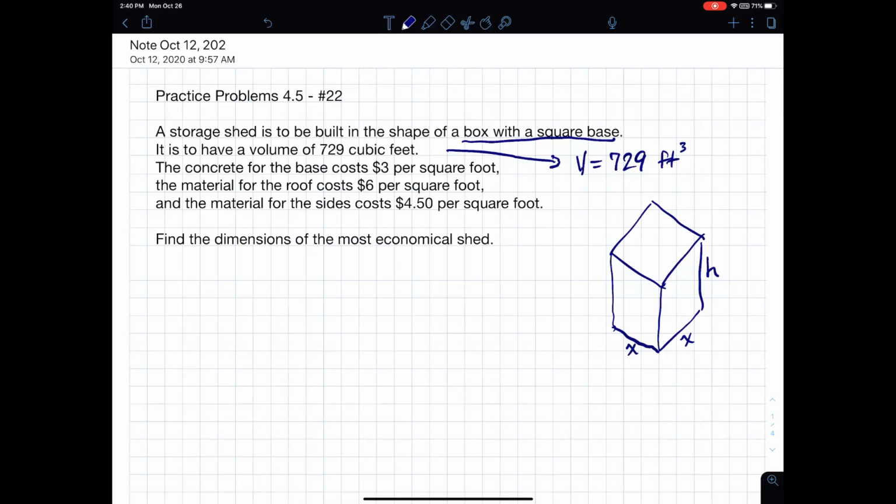So we want to find the dimensions. That means, in terms of my picture, I need to find X and H, because we don't know the sides of the base, which is a square, and we don't know how tall the box will be. Those are the dimensions. And when they say the most economical shed, that means lowest cost.